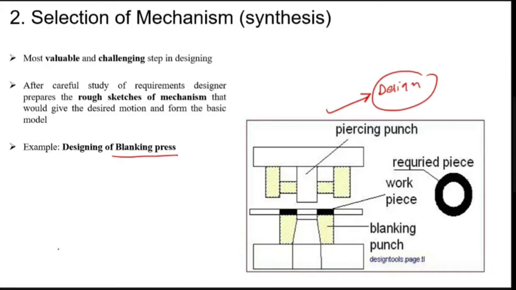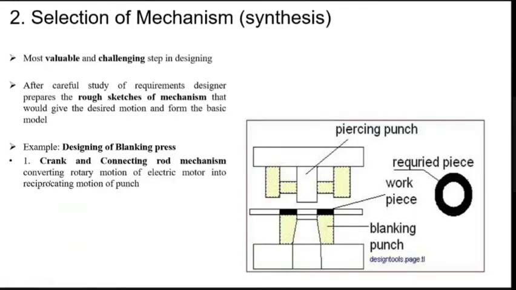So let us understand what can be the mechanism for this. The first mechanism is, let us say, the crank and connecting rod mechanism. Now this is the basic thing which you have already studied. You know what is a crank and connecting rod mechanism. So this mechanism will convert the rotary motion of an electric motor into the reciprocating motion of the punch.